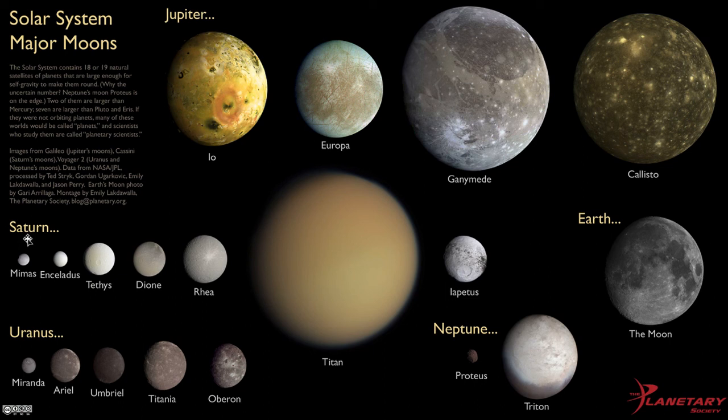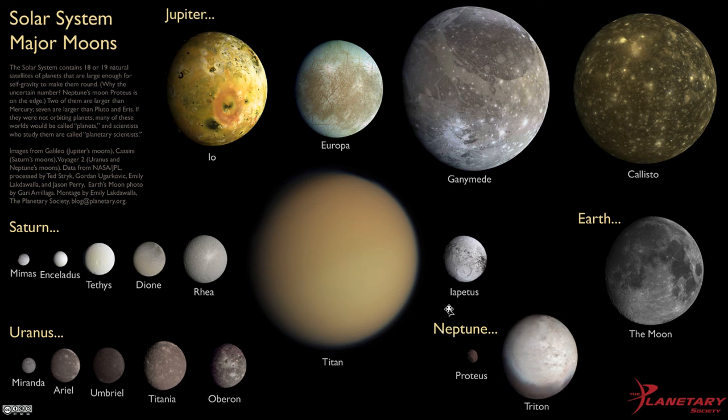For Saturn, now it's got some reasonably large moons, and then one which is the largest moon in the entire solar system, called Titan. For Uranus, no majorly large moons, nothing comparable to our Earth's moon. For Neptune, there's one that's similar in size called Triton.